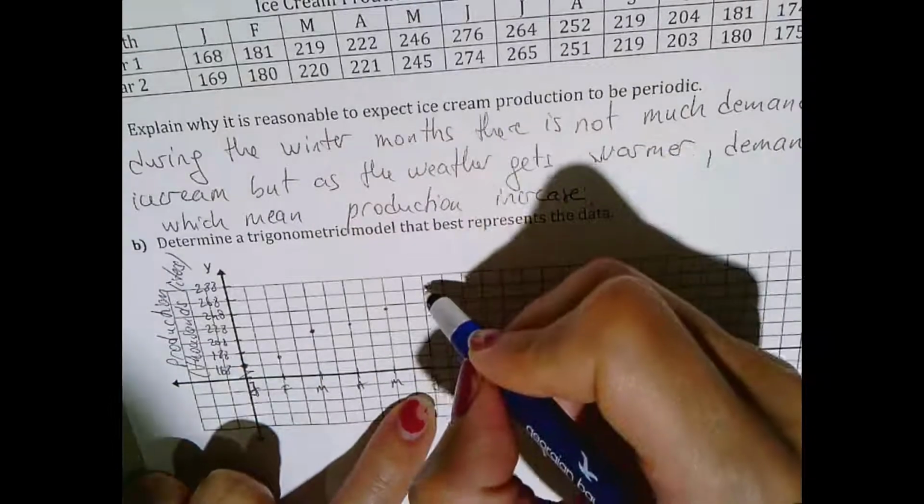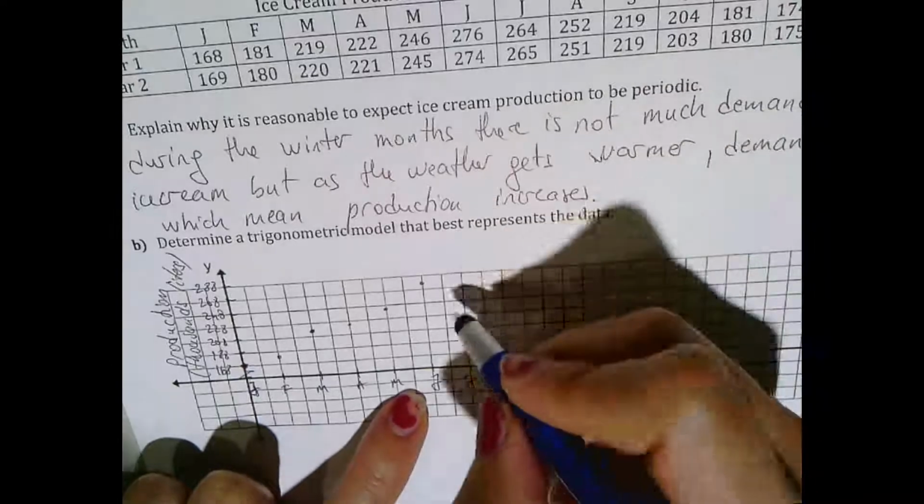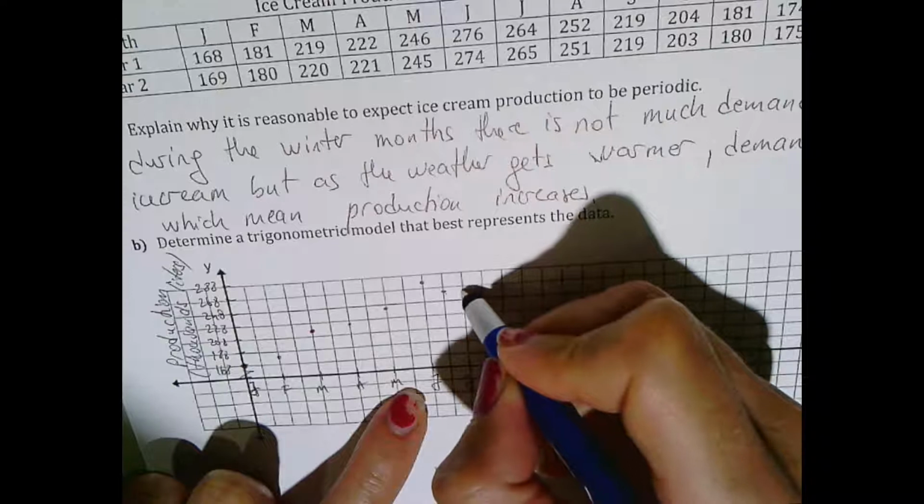June is 276, so I go all the way here. Then I have 264, so it drops here.